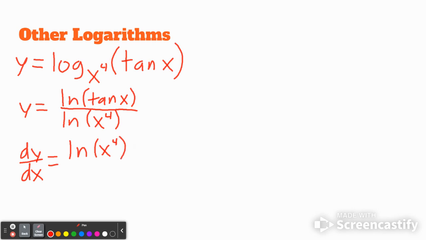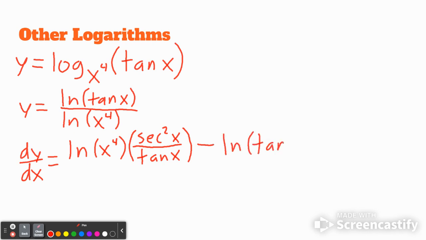D high, that would be the derivative of the natural log of tangent x. The derivative of tangent is secant squared x over the inner function itself, over tangent x. And then minus high d low. So high, that would just be the numerator, natural log of tangent of x.